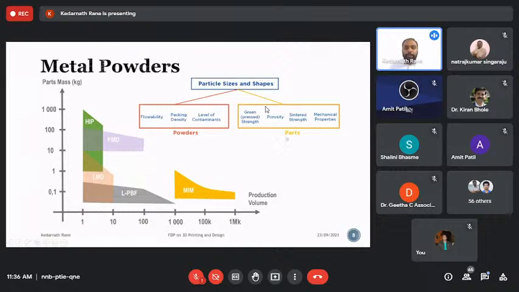Again, when it comes to the part level, the green strength is important, because you know that after injection molding, the part should be handled carefully because it's fragile, because it is not sintered, right? So green strength is also important. Porosity, the level of porosity at the later stages, sintering strength and mechanical properties are the important aspects to consider during the metal injection molding process.